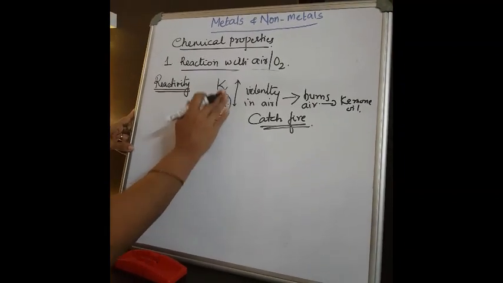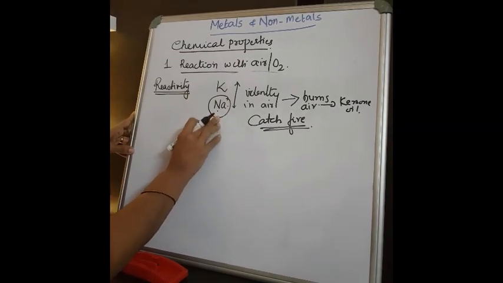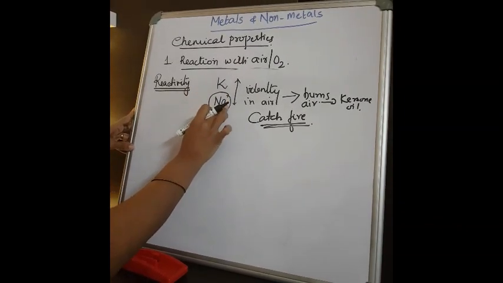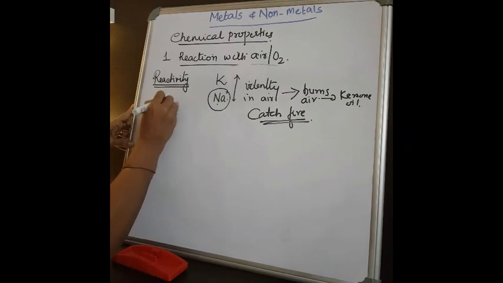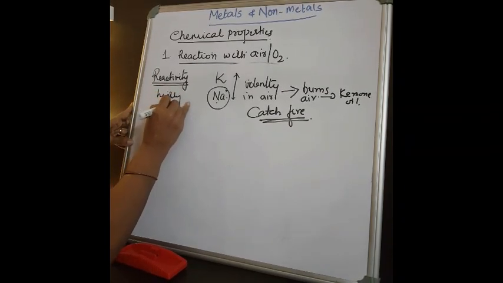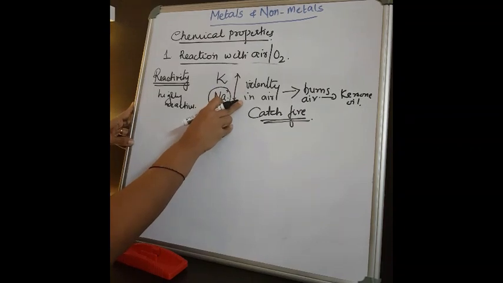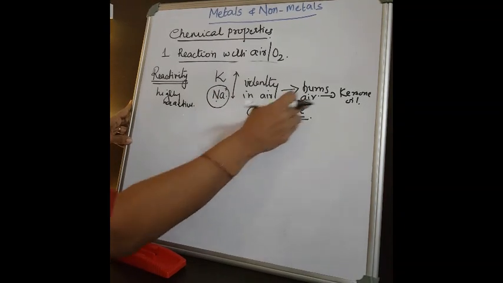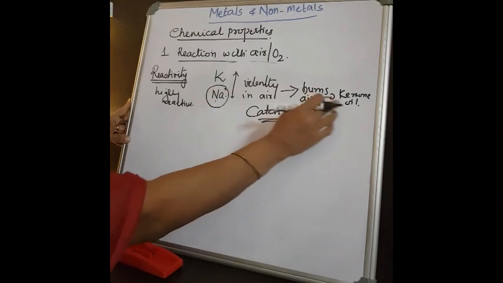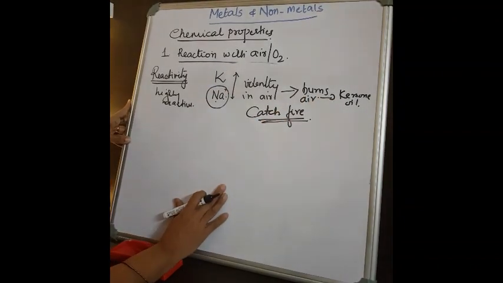So what is the reactivity here? We can say that sodium and potassium are highly reactive. Why? Because they react violently in air and catch fire. That is why we keep sodium and potassium immersed in kerosene oil.